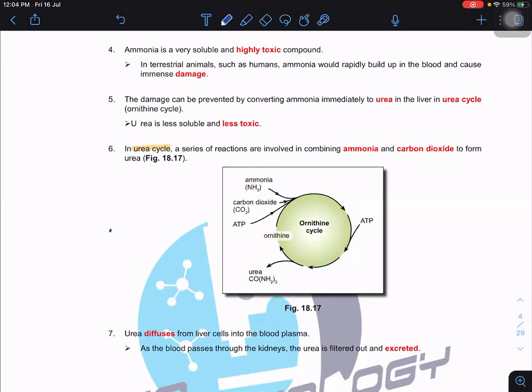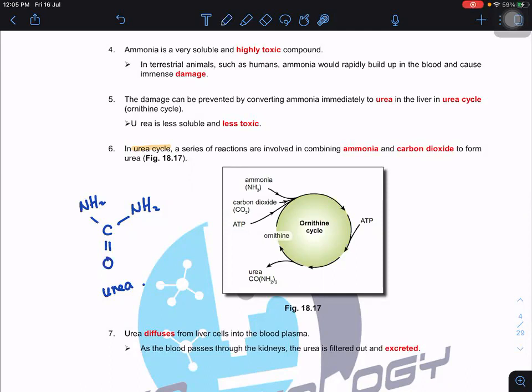It is something like this: a CO, NH2, NH2. So this is urea. Urea is relatively non-toxic compared to ammonia, about 10,000 times less toxic. That basically means that if I can carry one ammonia, I can carry 10,000 of urea. So I can transport it in a higher concentration.